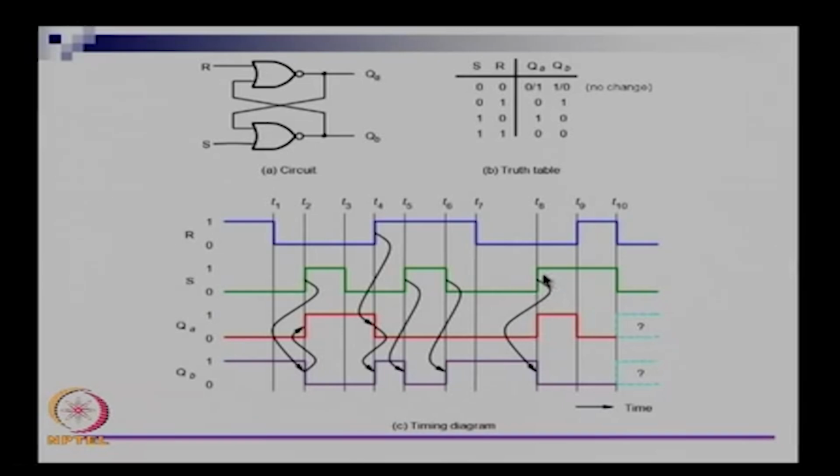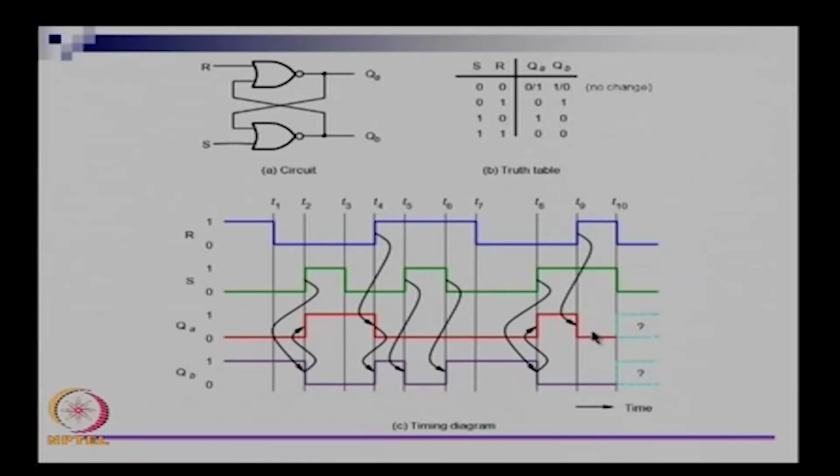If S comes on when R is 0, then QA will go on, right. So when S comes on, QB goes 0, because of which QA goes on, right. So this is the sequence, because of the green line going 1, the purple line will go to 0 and the red line will go to 1.